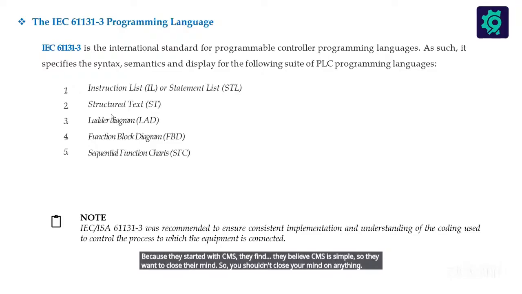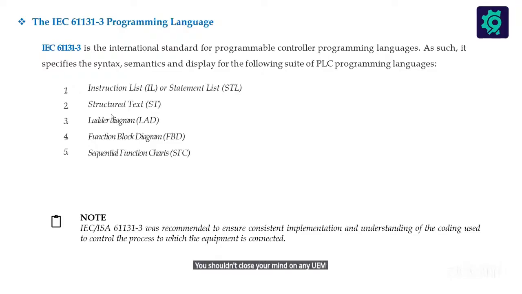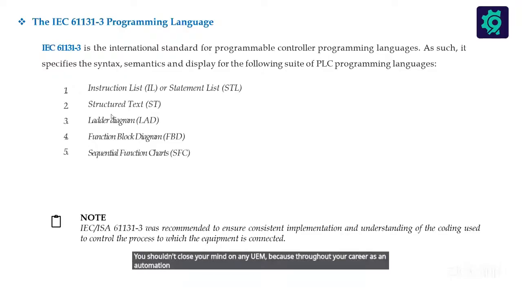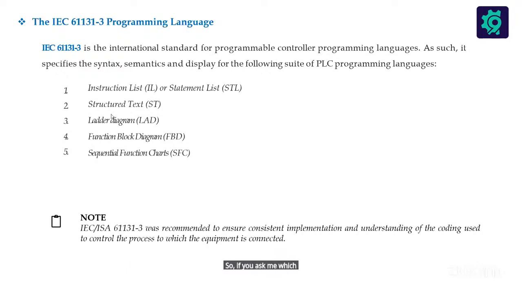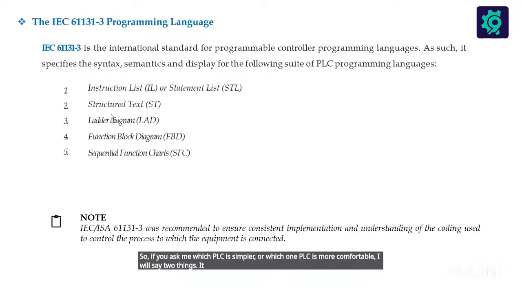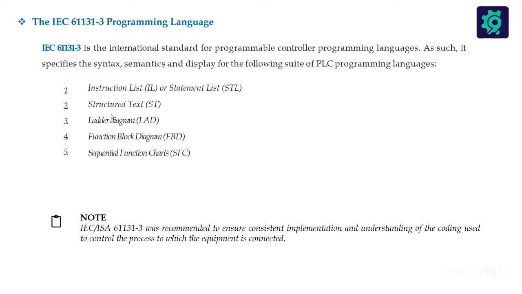You shouldn't close your mind on any OEM, because throughout your career as an automation engineer, you will have to work with more than two OEMs. It might be you working on that OEM strictly, or even interfacing them with one another. If you ask me which PLC is simpler, or which one is more comfortable, I will say two things: it depends on the one you start with, and or the one you use the most.